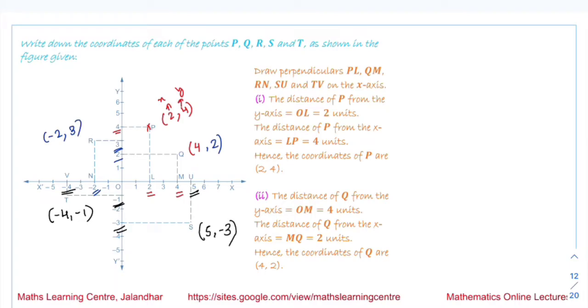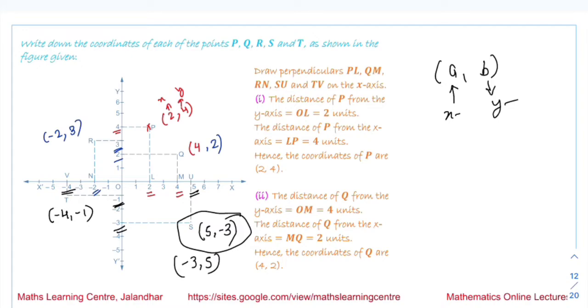So this thing you have to keep in mind, that whenever we are writing the coordinates A and B, this is representing the x coordinate and this is representing the y coordinate. This is fixed, you cannot interchange these values. If suppose in place of this you write -3 comma 5, this is wrong, because -3 comma 5 will not be over here, it will lie somewhere in this quadrant.